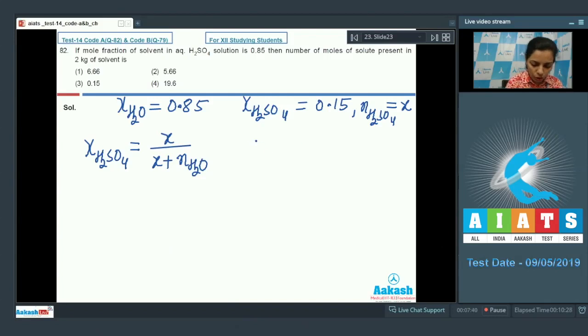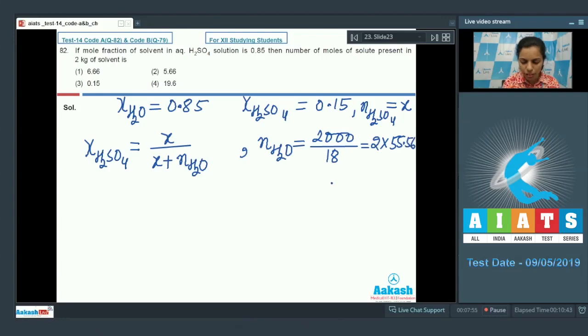So n of H2O we can calculate by dividing 2000 by 18. And if you divide that 2000 by 18, this value becomes 2 into 55.56. So these are the number of moles of water. I'll just place here the value. Chi for H2SO4, that is 0.15, is equal to x upon x plus 2 into 55.56.